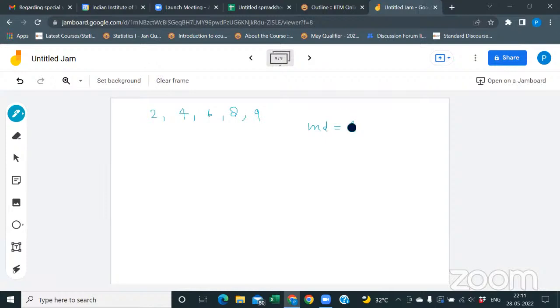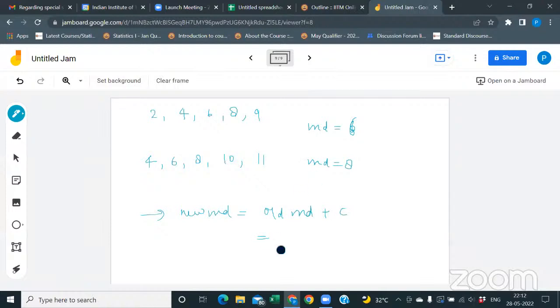Suppose I say calculate the median of this data after adding 2 to all points. That means 4, 6, 8, 10, and 11. The median will be 8. If you remember the video lecture, new median is old median plus constant.